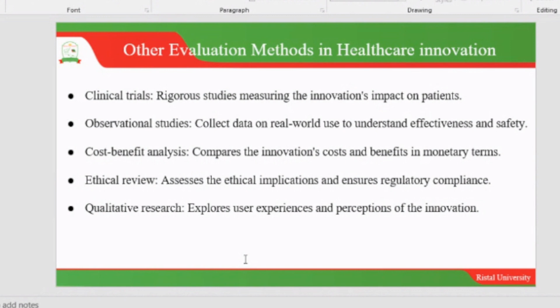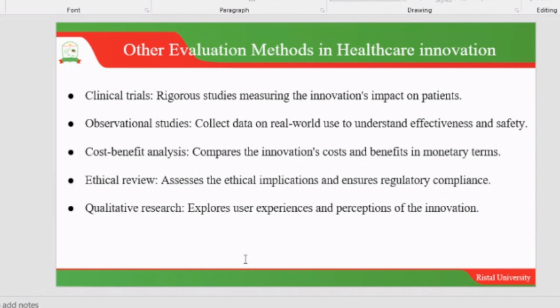Then we have observational studies where you collect data on real world use to understand effectiveness and safety. You observe how people are using this innovation so that you can see if it is effective, if it is safe, if it addresses the needs of the people or not.